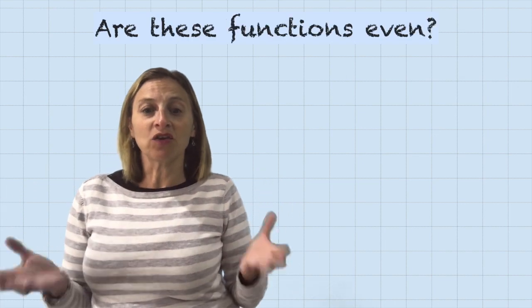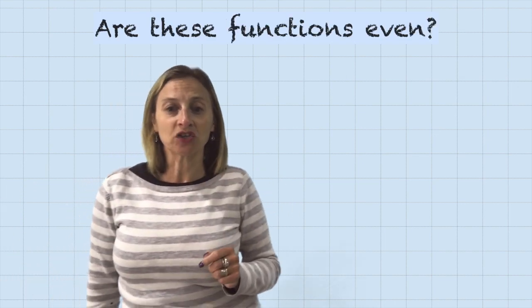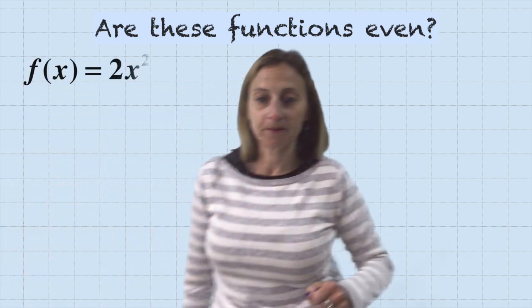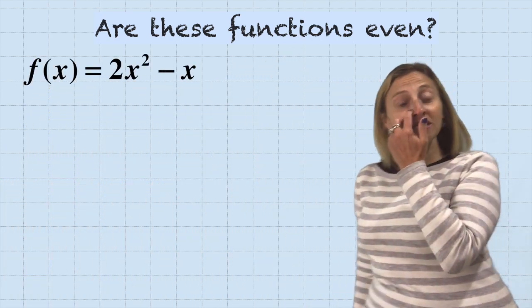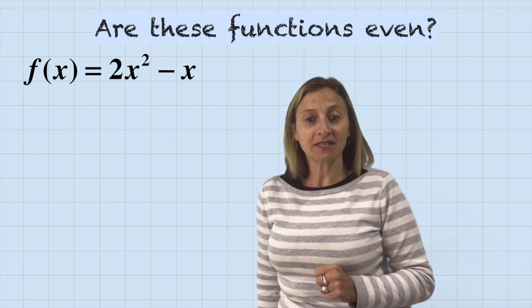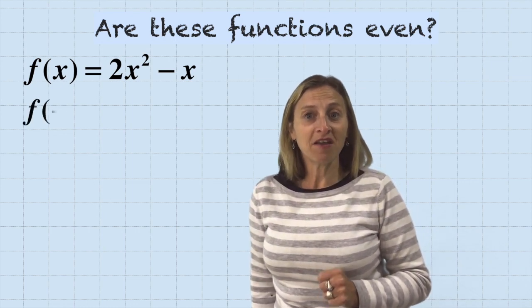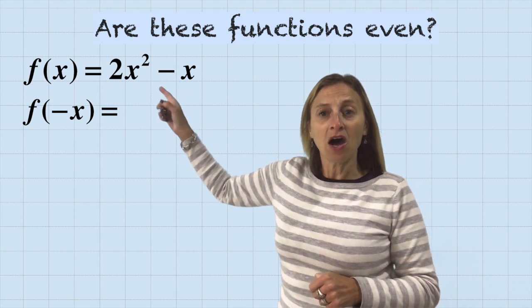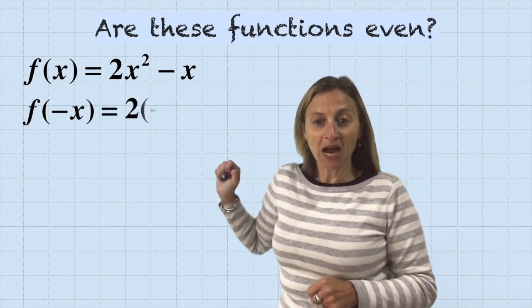Now let's figure out a way that we can actually find, is a function even or not? Let's say we have the function f of x equals 2x squared minus x. So we need to first find f of minus x. If we have f of minus x, that means that wherever there's an x, I'm going to replace it with minus x.